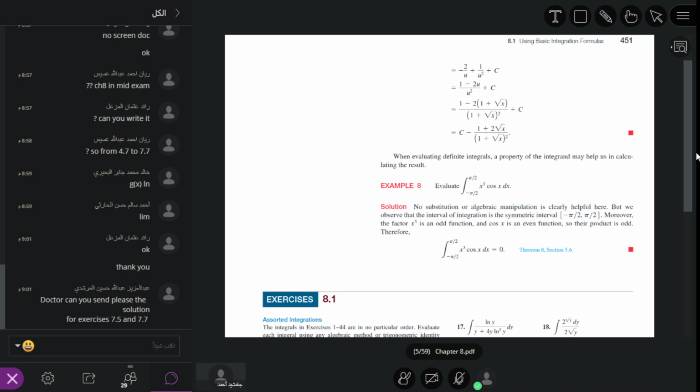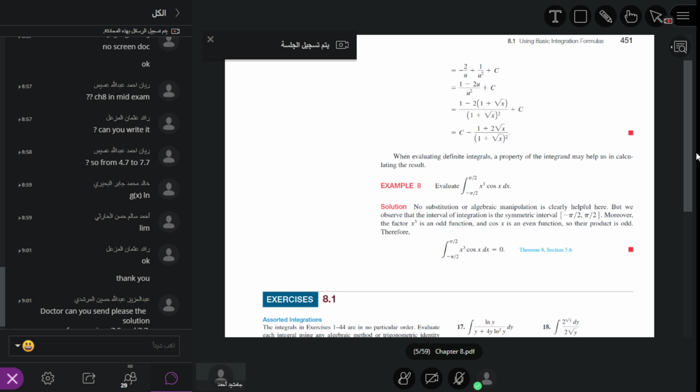Now we move to our today's lecture. In the last class we discussed fundamental formulas of integration.